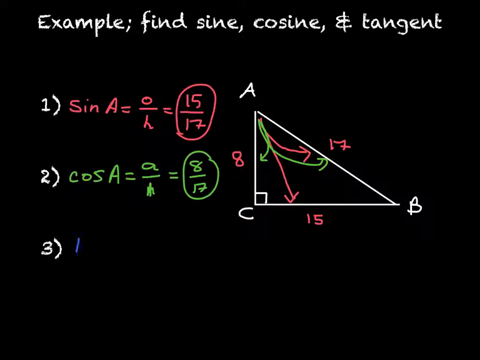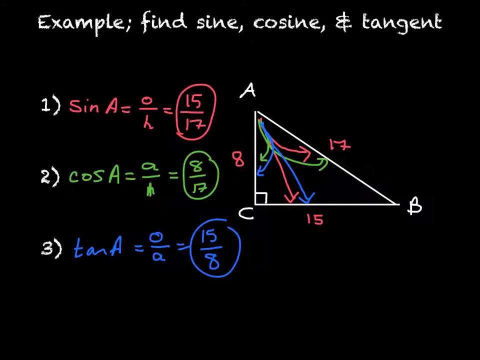And finally, tangent of A is equal to opposite over adjacent. So that's going to be my opposite side, which is 15, over my adjacent side, which is 8. So 15 over 8. And those are your basic trigonometric functions of this triangle.